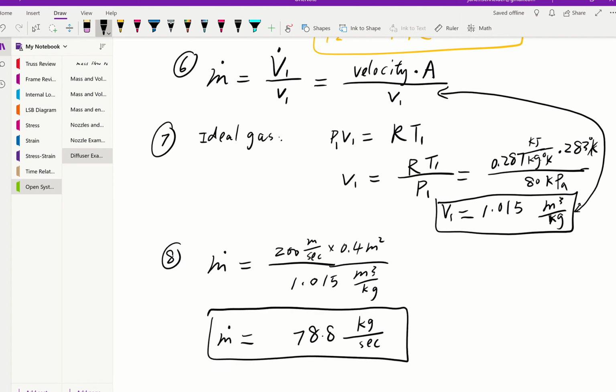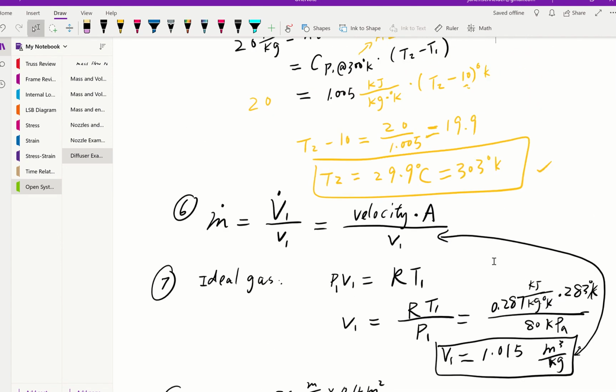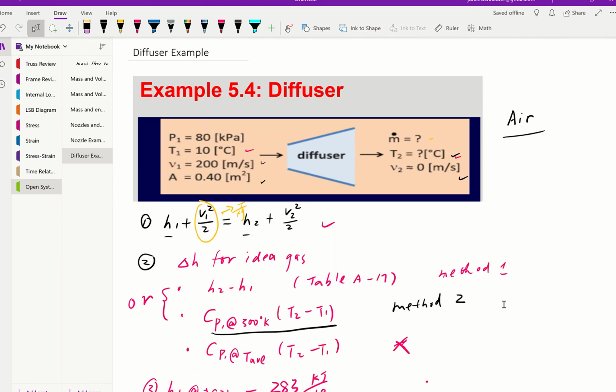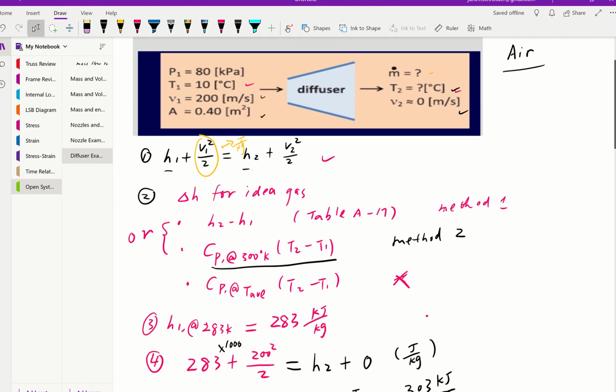All right, so I think we complete this problem, and this is a good problem. Why so? Because it's a diffuser problem, first of all, and also, since it's an ideal gas, we used this old topic of delta H for ideal gas, and we're talking about there are 3 different methods, and here we use 2 different methods: ideal gas table A-17 and using 300 specific heat CP to calculate.